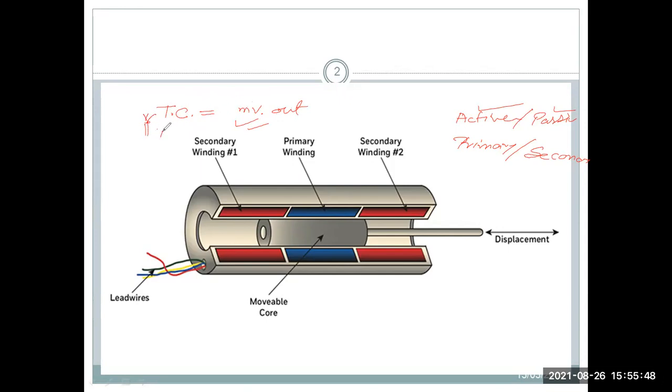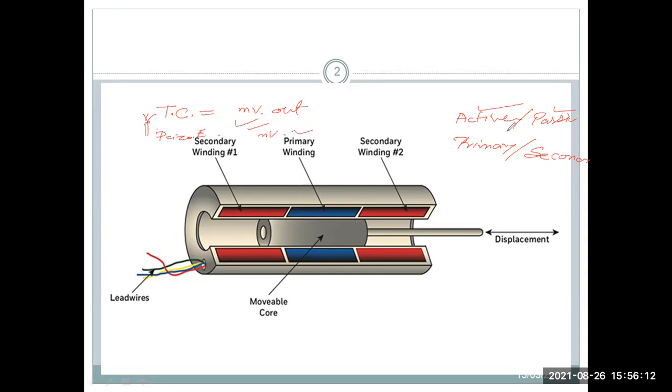And the piezoelectric device, the piezoelectric crystal, is also producing some millivolt range output. That is also active, because it itself produces some electricity for a measurable quantity.